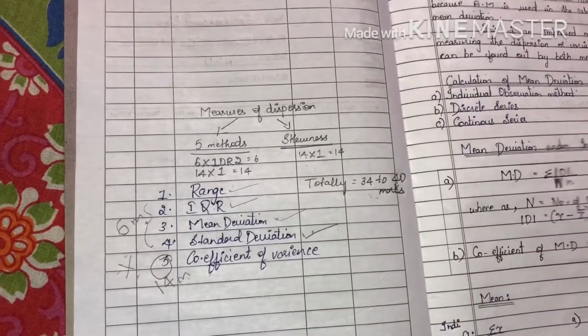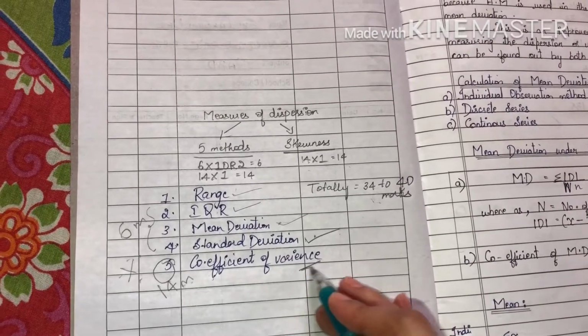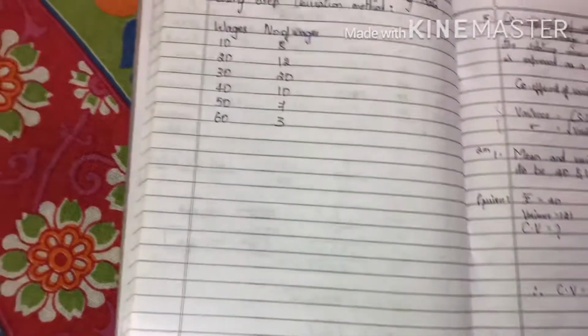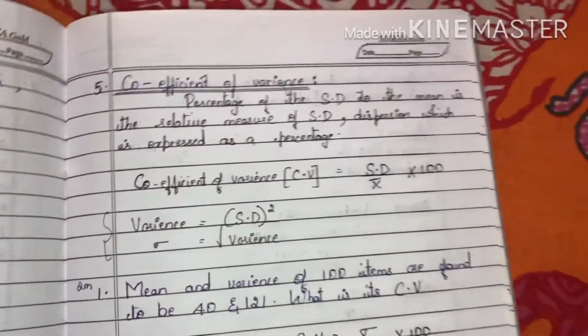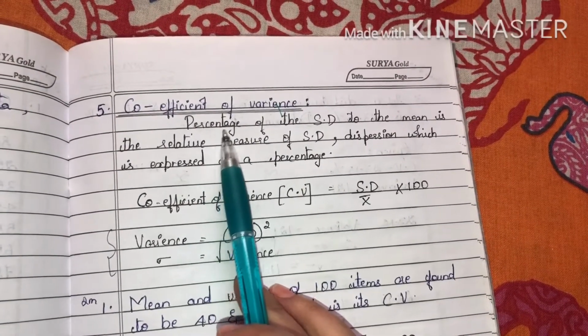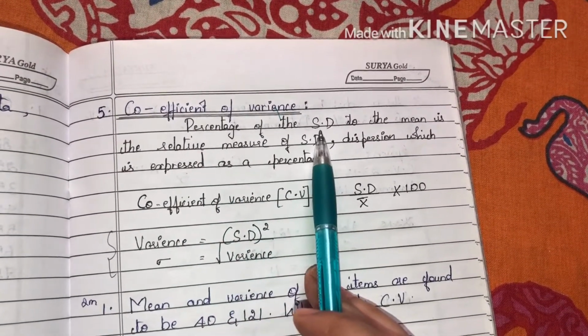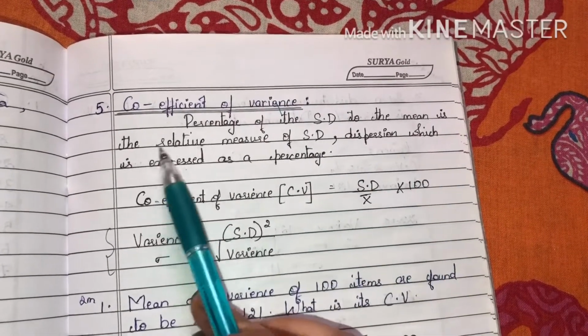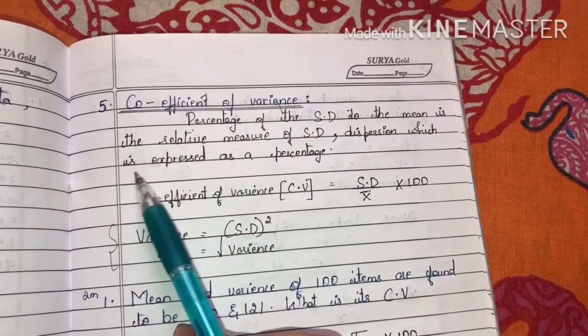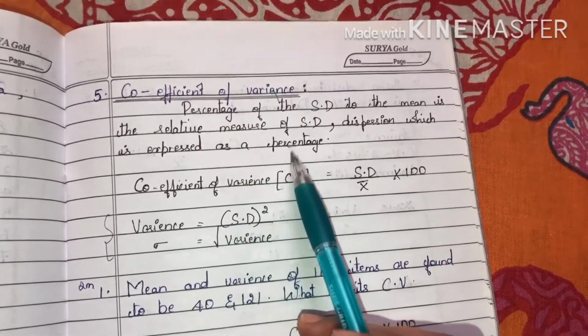In this video, I'll be starting with the last method of measures of dispersion, that is coefficient of variance. So let's understand the meaning. They're saying it is the percentage of the standard deviation to the mean, the relative measure of dispersion, which is expressed as a percentage.